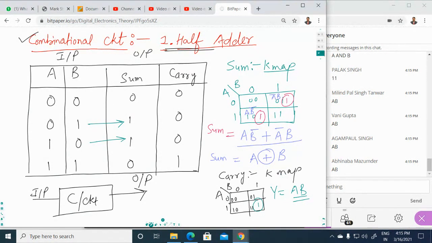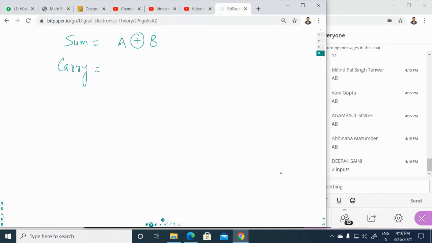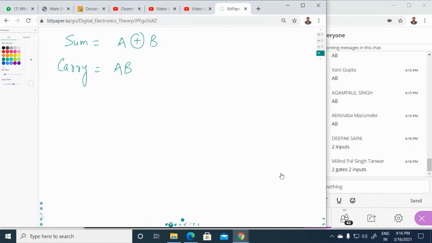You have the sum is equal to A XOR B, and you have the carry AB. So two inputs, yes, you are right. You require two inputs and two gates.